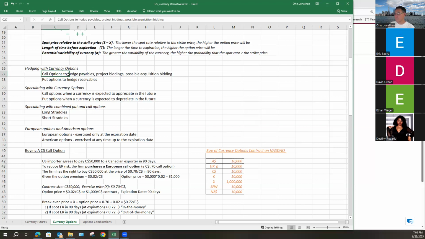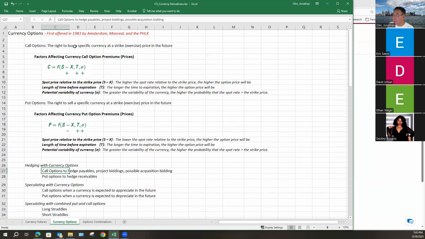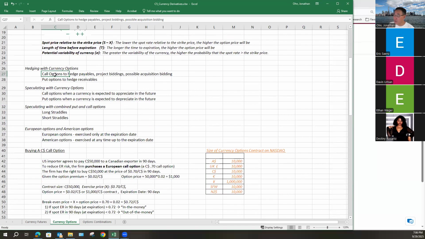A call option is the right to buy a foreign currency at a pre-specified exercise price in the future. So you already know your exercise price for your future payables, meaning your uncertainty disappears. You simply got rid of the exchange rate risk.